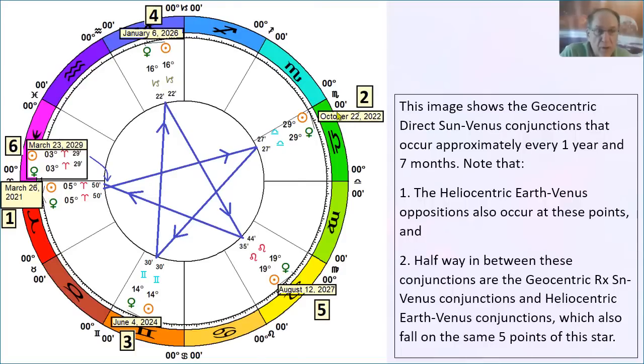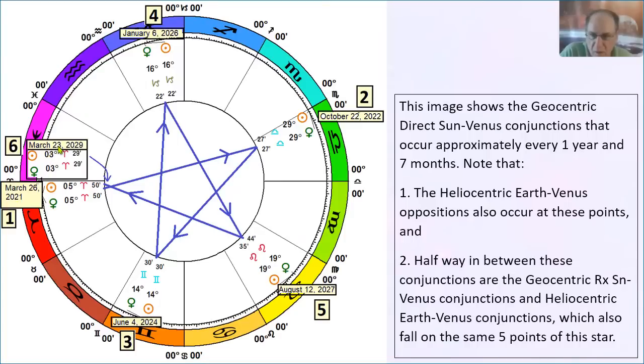I'm showing only the direct here, 5 out of the 10 that occur. And then 144 degrees before that, you get to 14 Gemini. And then 144 degrees before that, 16 Capricorn. 144 degrees before that, 19 Leo. And then you're back to the beginning.